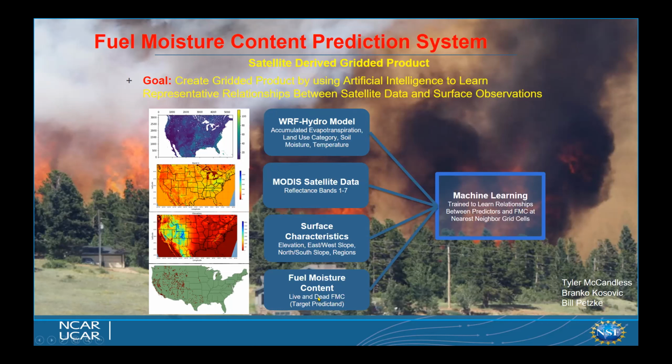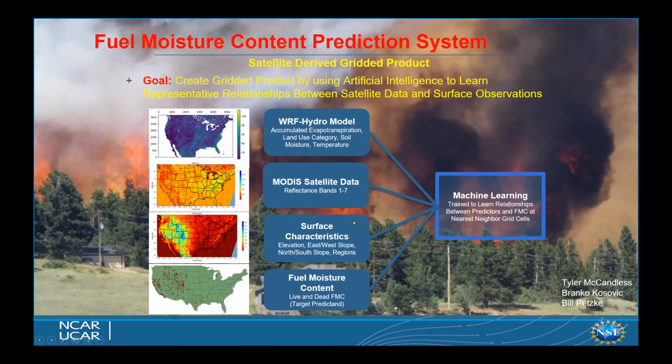What if we're able to use satellite data and update that using MODIS reflectance bands 1 to 7? We also bring in information from the WRF Hydro model, that is the National Water Model. This WRF Hydro was developed originally at NCAR, but is now being run operationally at NOAA. And we also bring in information about surface characteristics, things like elevation, slope, both east-west and north-south, and regional information.